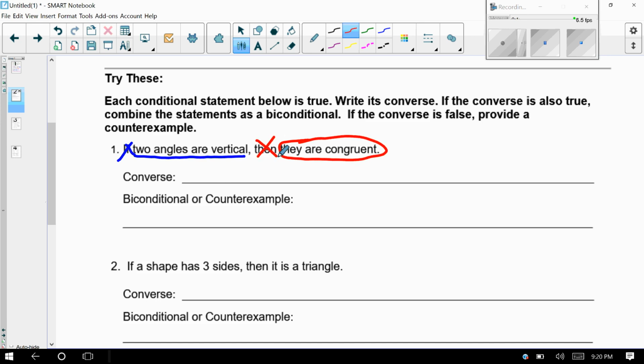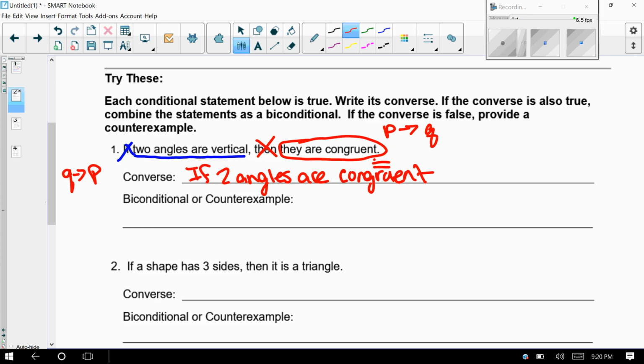So my converse, we're going to flip it. My conditional is P arrow Q, and my converse means Q arrow P. So the converse is, if two angles are congruent, put the congruent symbol above it, an equal sign with a tilde, right?